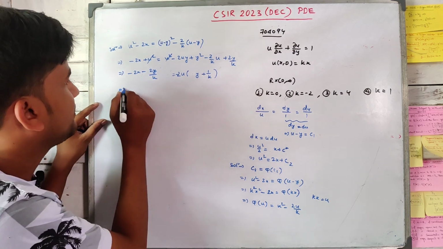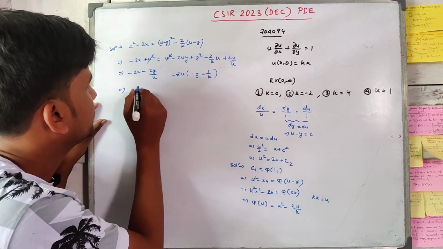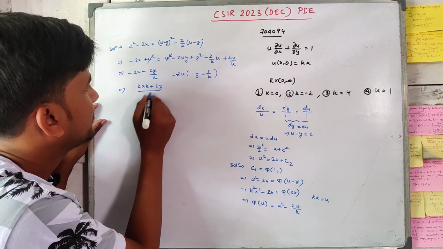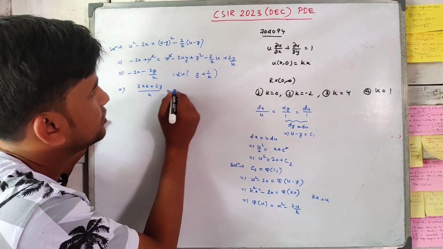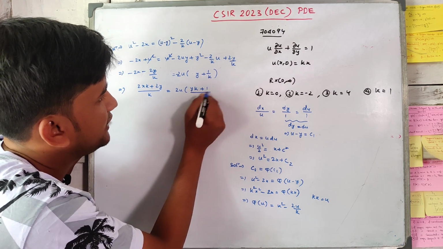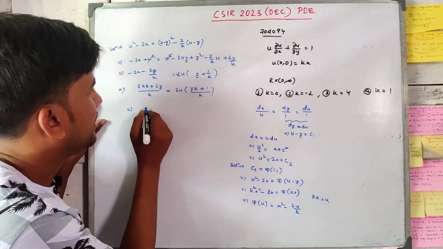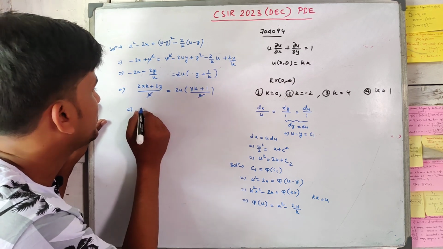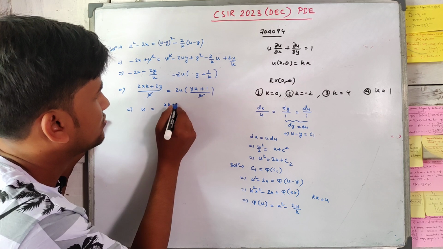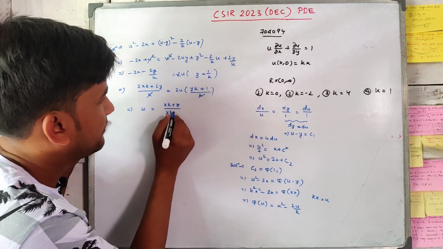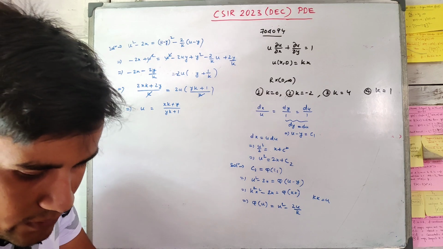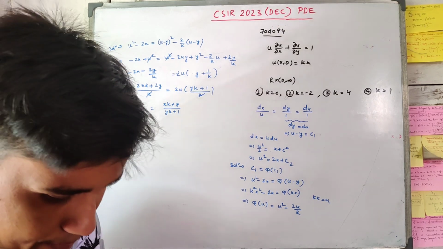Okay, so this implies minus minus goes from both sides, so 2xk plus 2y by k is equal to 2u into yk plus 1 by k. So this implies k goes from both sides. So u is equal to actually what? u equal to xk plus y by yk plus 1. Okay, this is the value of u, I think.